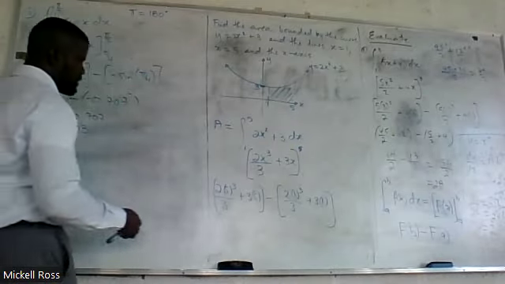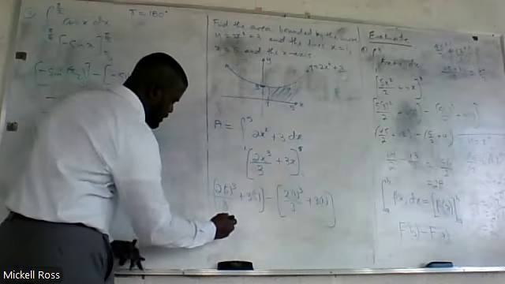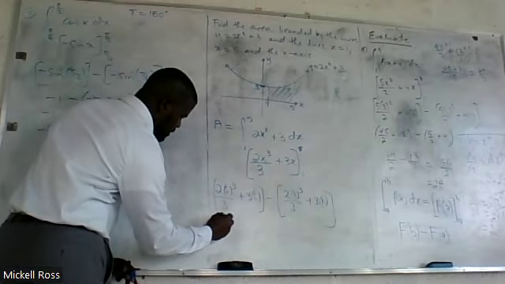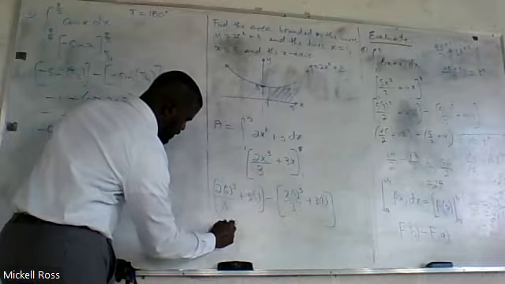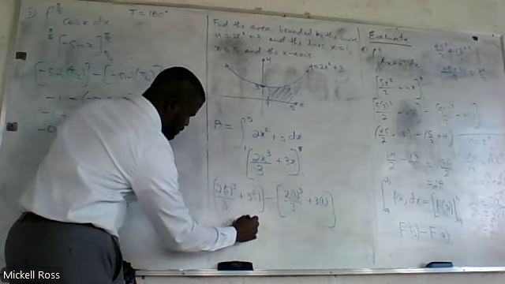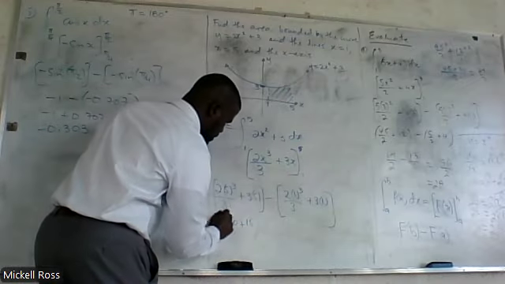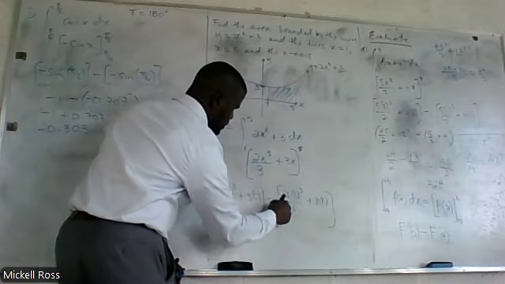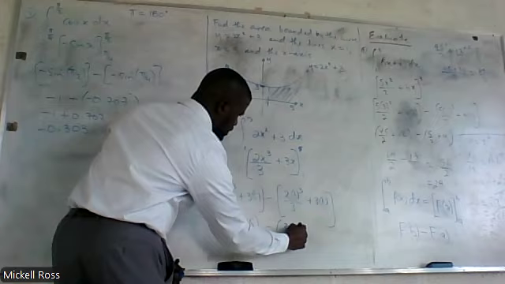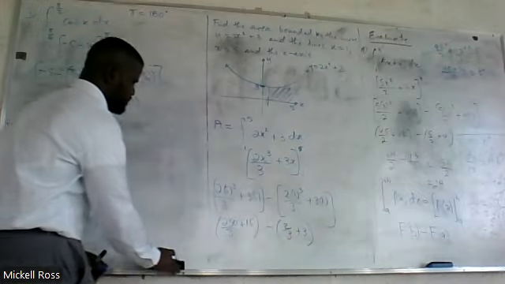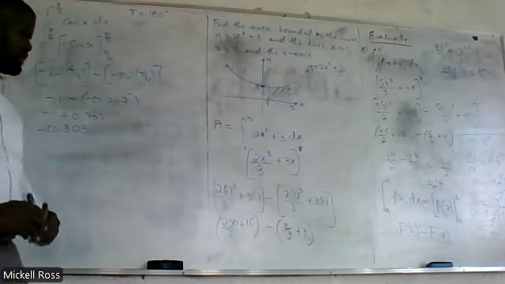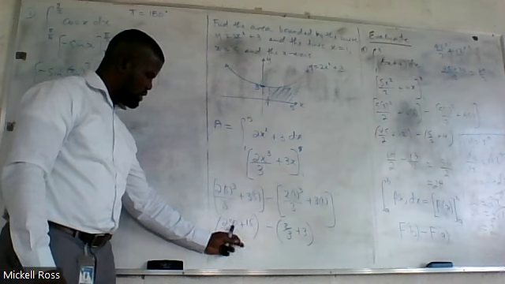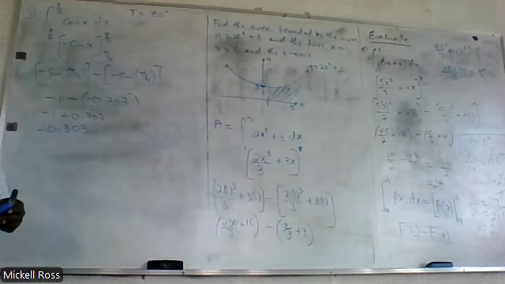All right, so we're going to get 250 divided by 3 plus 15, minus 2 over 3 plus 3. So on this side, we're going to end up with 295 over 3.